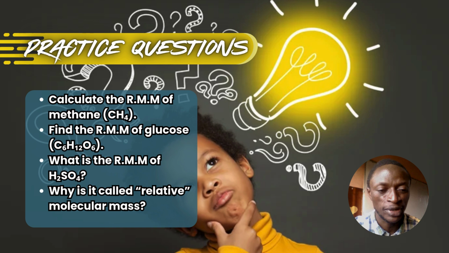Find the RMM of glucose. 3. What is the RMM of H2SO4? The last question is: why is it called relative molecular mass? Relative in quotes. I believe you should be able to do these questions if you had followed the lesson properly.